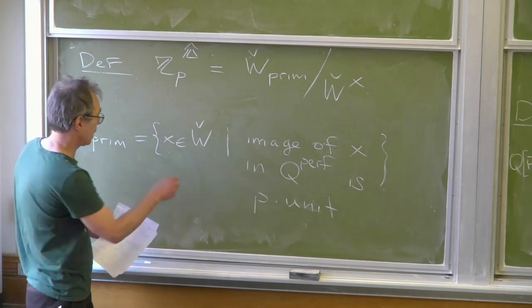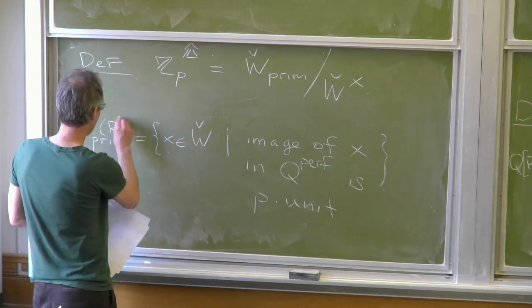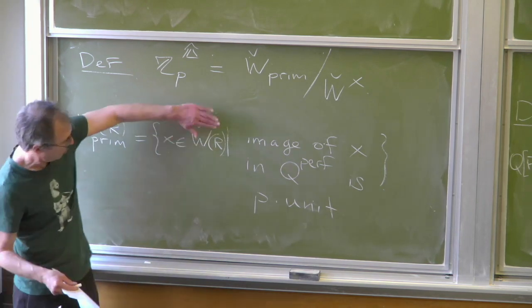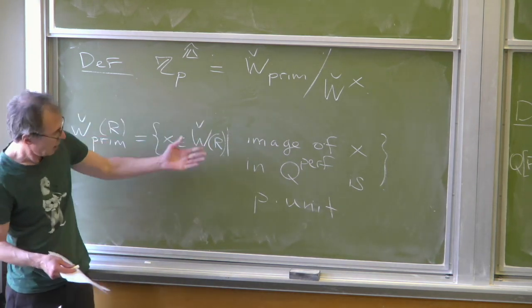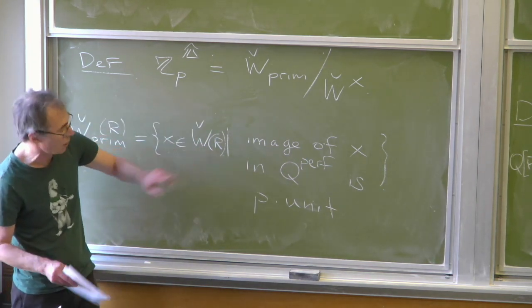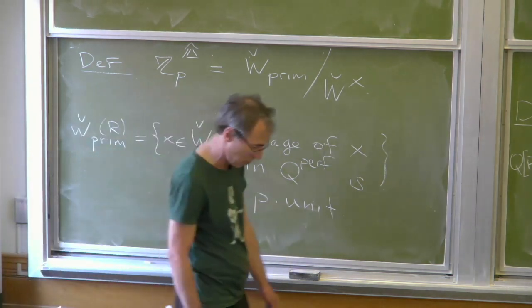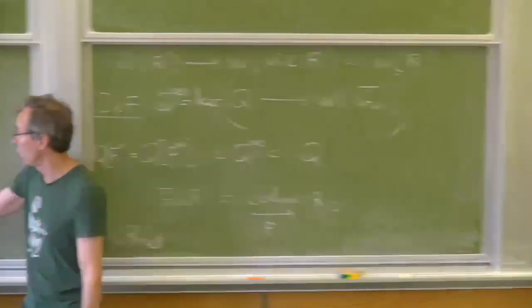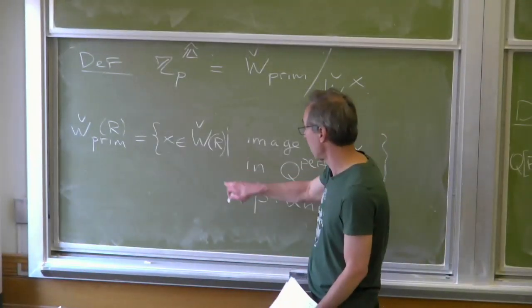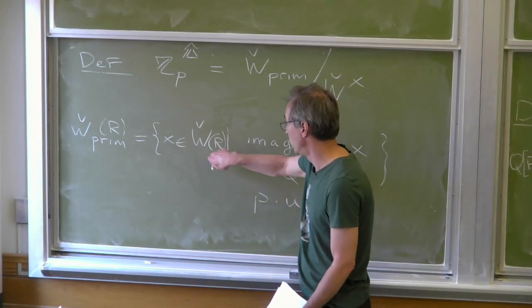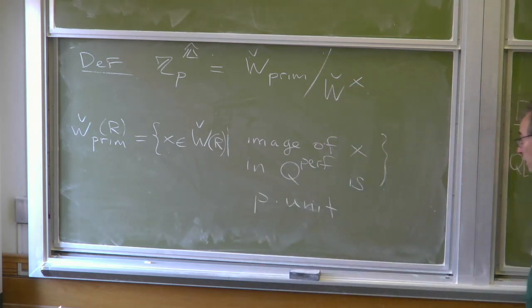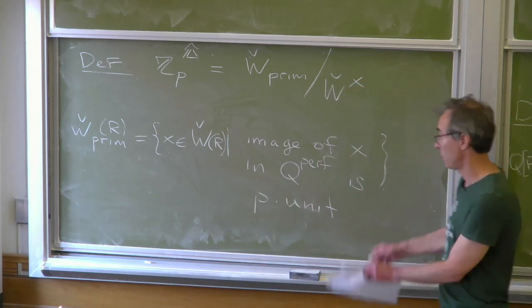Strictly speaking, it's over R. Equivalently, for any homomorphism from R to an algebraically closed field, the image of x in W check of this algebraically closed field, which is the same as W of that field, is p times a unit. That's it.